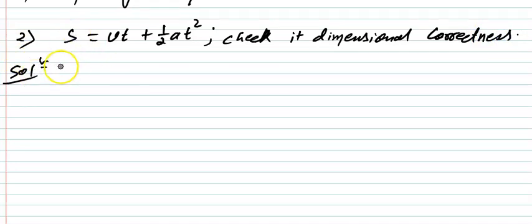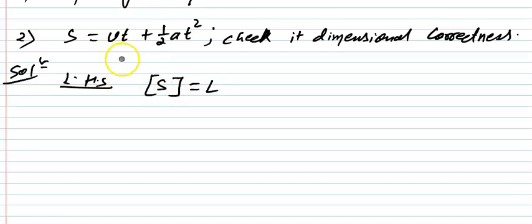So just take the LHS. LHS is distance, so the dimension of distance is equal to L. So the dimension of ut and the dimension of at squared, we can ignore the half because it is a number, and we have already discussed in our previous class that a number does not have any dimensions.